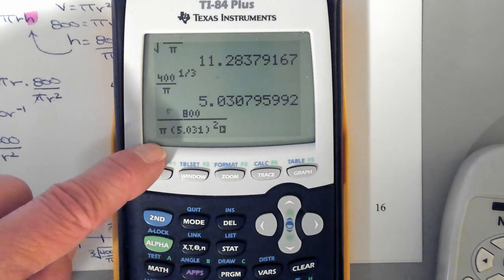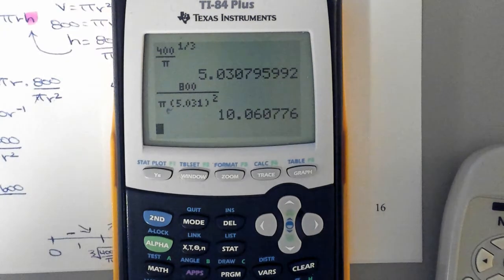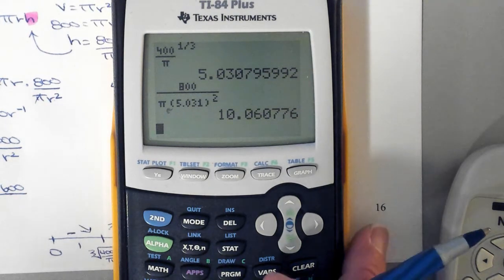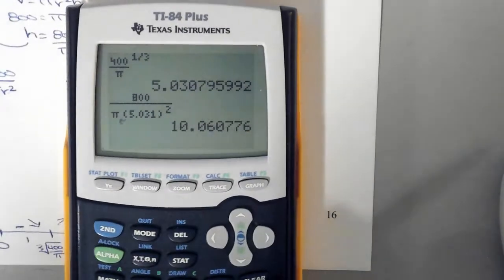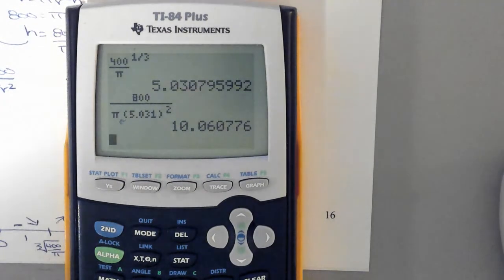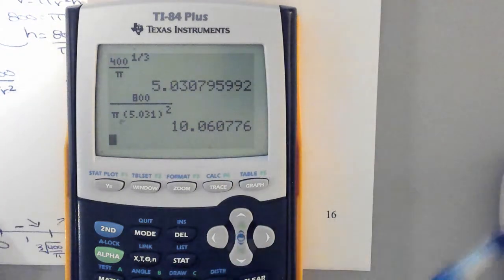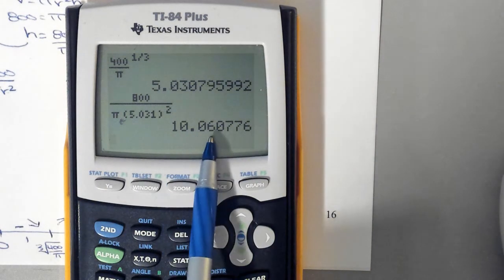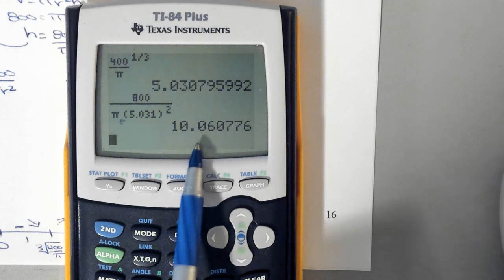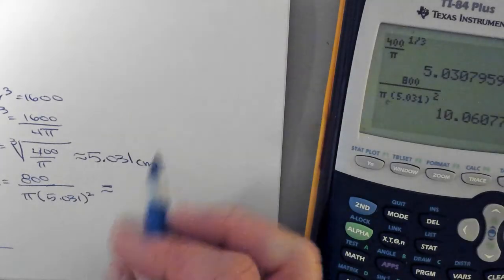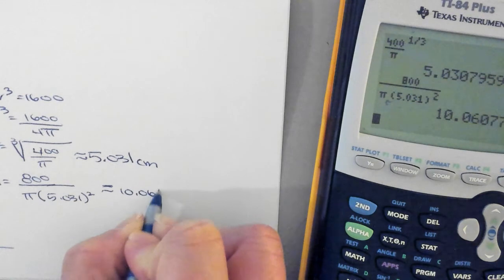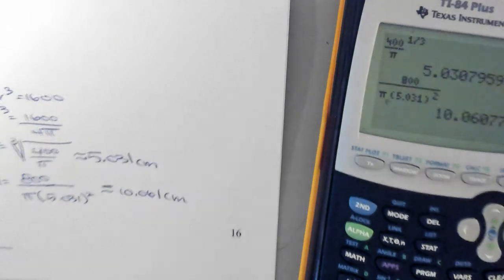Is this the right setup? That's what I got. I just need someone to confirm for me. Okay, so 10.061. Let's talk really quick about rounding, just one more time, because it was an issue on this past test. It doesn't really say in here, so you could round it to 3 decimal places or truncate at 4. I've been rounding to 3, so 10.061 centimeters. Truncate means at the 4th one you just chop it off.